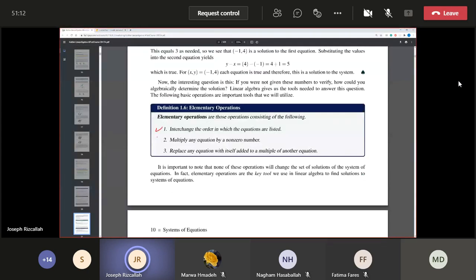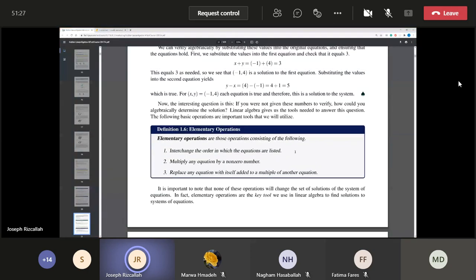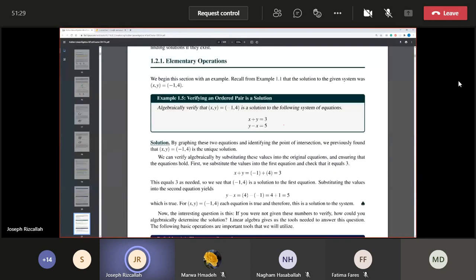replace an equation by the sum, as we did. Remember, we added two equations, right? And we replaced, let's say, the last equation by this result. So here, it's erased already, but when we added two equations, we got 2y equals 8, right?